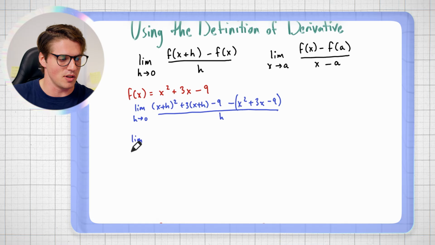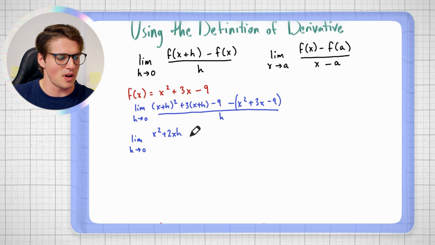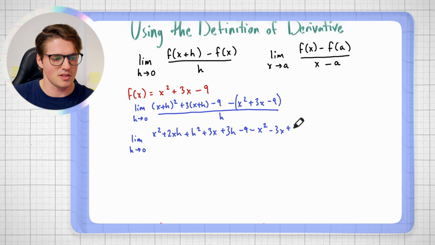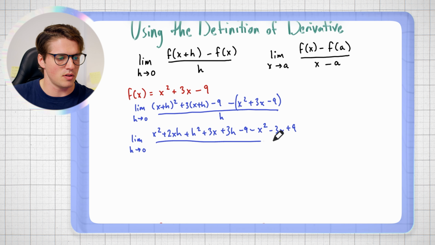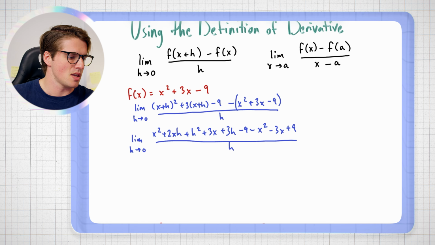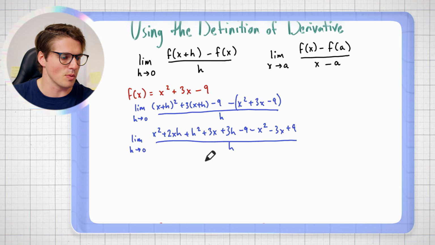So we'll continue. The limit as h goes to 0 of x squared plus 2xh plus h squared plus 3x plus 3h minus 9 minus x squared minus 3x plus 9, all over h. And here we cancel everything we can.